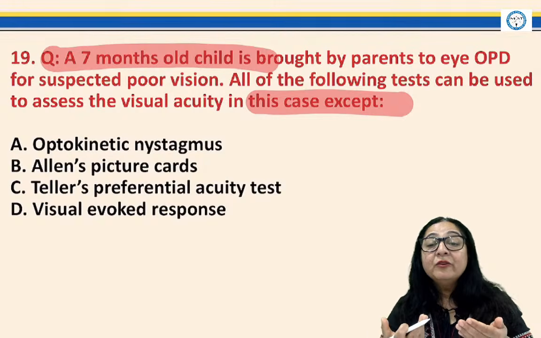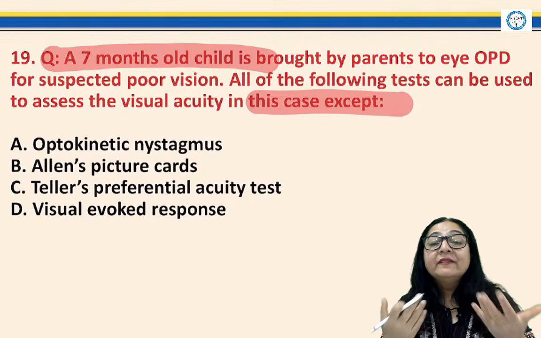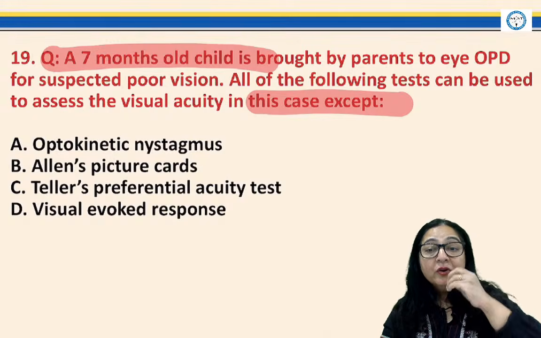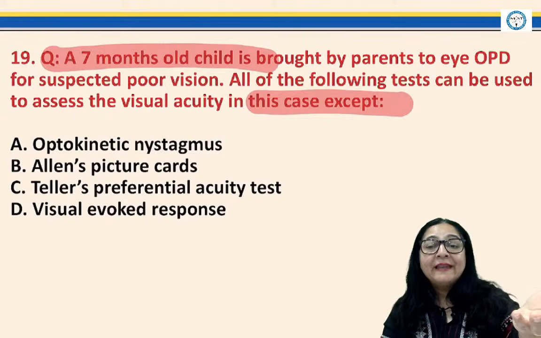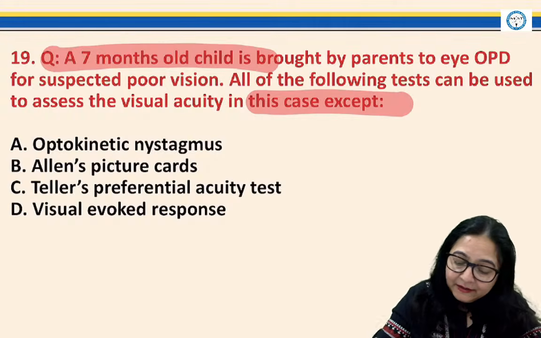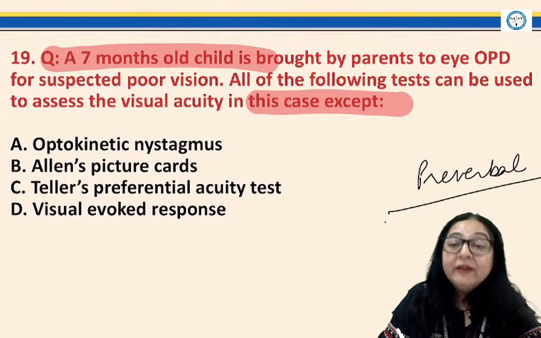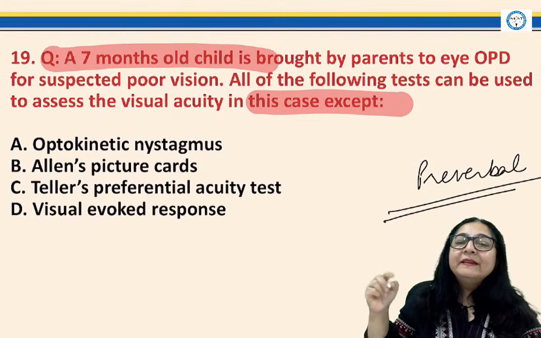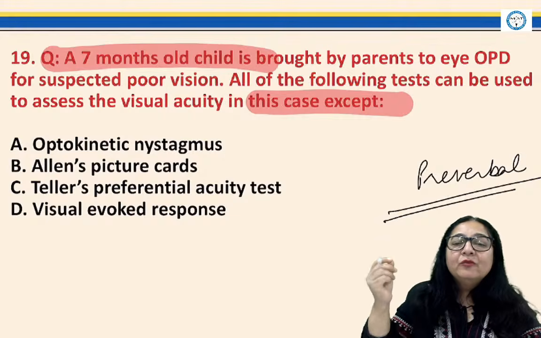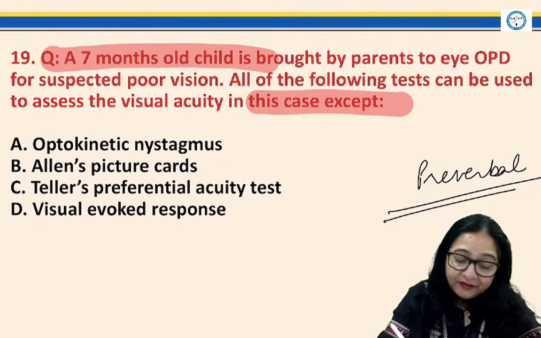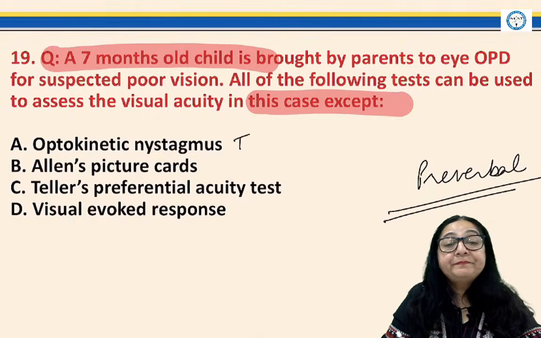So a 7-month-old child is pre-verbal, the child is not able to express by telling what the child is seeing. So it's a pre-verbal stage, right? So here you have to go in for objective testing of the vision. So which will be the test which can be done? So we can do optokinetic nystagmus. Yes, that's an objective test for pre-verbal children.